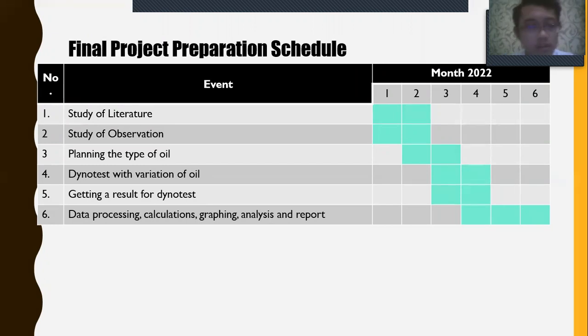Number 4, dyno test with variation of oil, I must do in the third month and fourth month. 5, getting results for the dyno test, same as number 4, in the third and fourth month. And 6, data processing, calculation, graphing, analysis, and report, from the fourth until the 6th month.